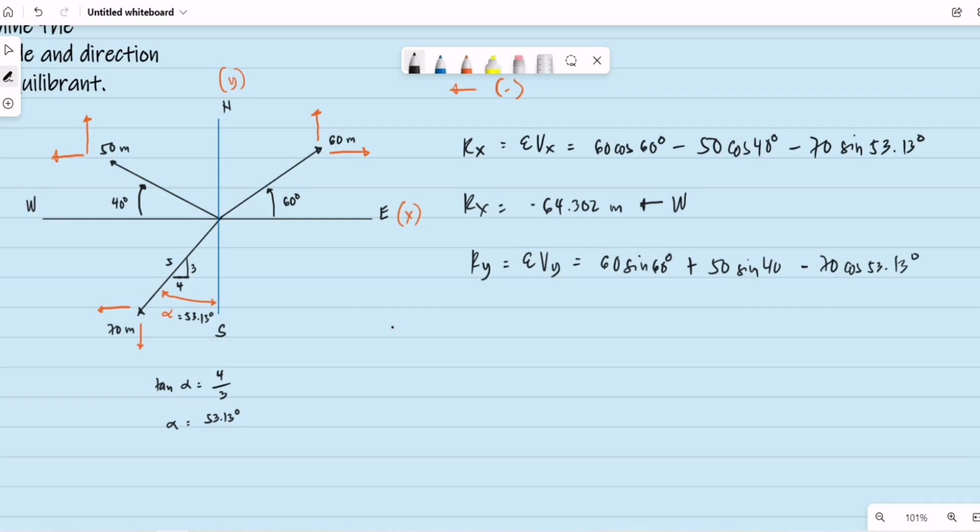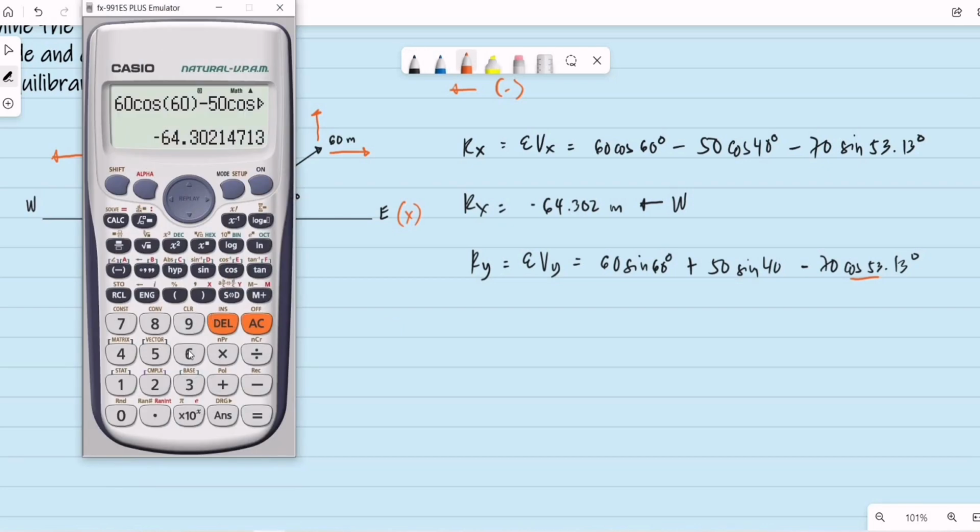53.13 degrees. So if this is the angle alpha, 53.13, the vertical component is just adjacent, so we are using a cosine. So computing for that value, we have 60 sine of 60 degrees, plus 50 sine of 40 degrees, minus 70 cosine of 53.13 degrees.